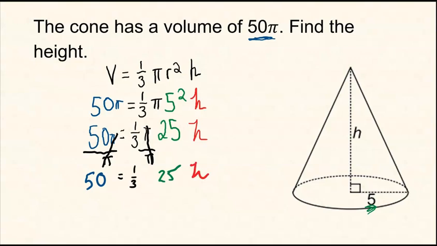Now I bring down the remaining, which is 1/3, 25, and h. I'm going to divide out the 25, which will make this problem a little bit simpler. As I'm dividing out 25, turning this into a 1 so it no longer affects the side of the equation, I'm making choices. 50 divided by 25 is 2, and I'm going to bring down what I have left.